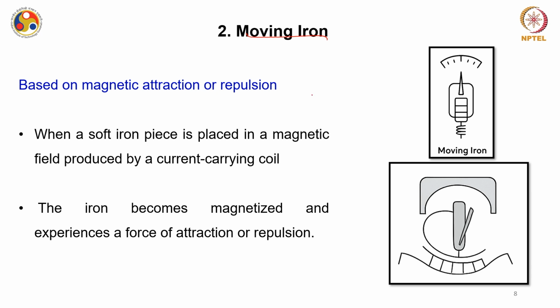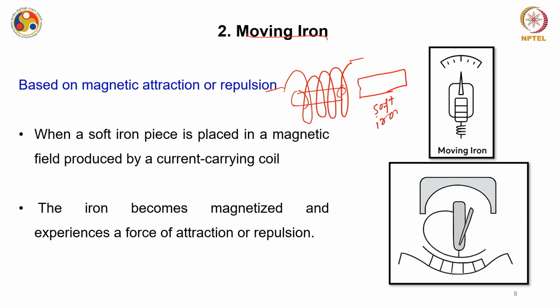So consider that you have an electromagnet, which is formed by this current carrying coil, and you bring a soft iron bar near to this coil.